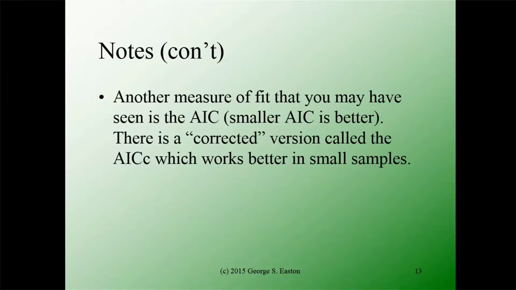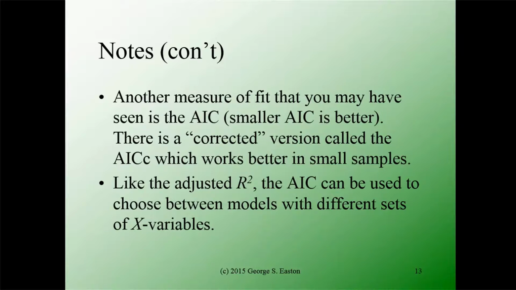But for the AIC, the smaller the value, the better. There's also a corrected version of the AIC that works better in small sample sizes, which is called the AICC. So like the adjusted R-squared, the AIC can be used to choose between models that have different sets of X variables.